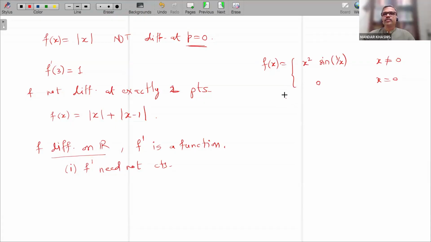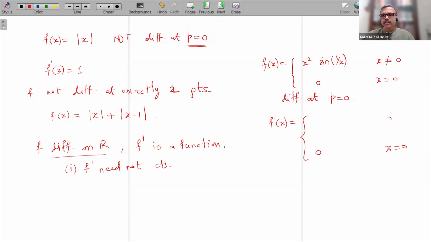Correct. So if you take x square, then this is differentiable at x equal to 0. But if you try to work out f dash x, at x equal to 0 the derivative you can actually work out and it will be 0.